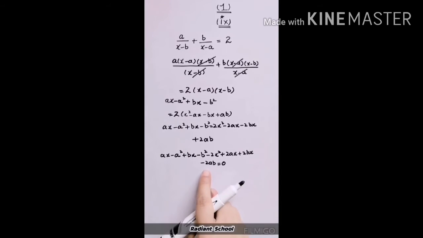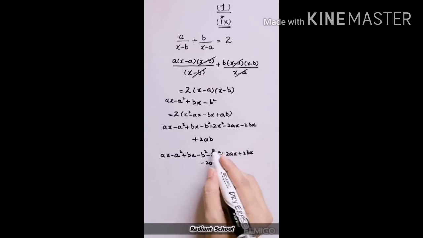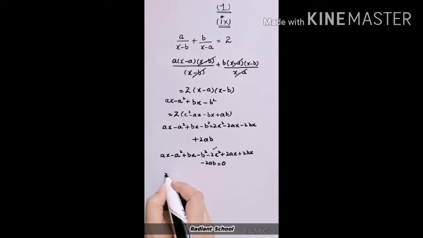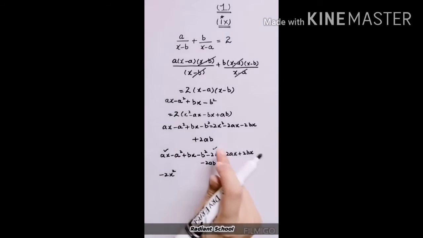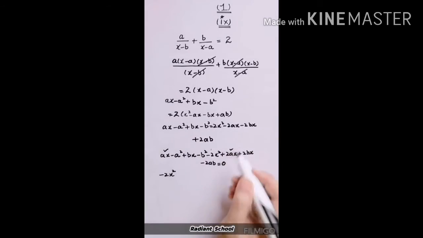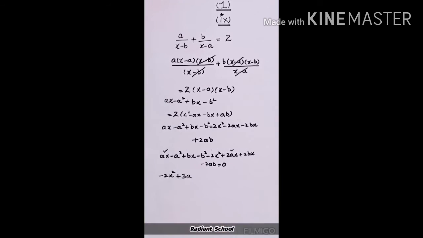Now I will arrange them. First of all, we will write x square term. Minus 2x square is the x square term only. Now we will write x term. Now ax term we can simplify. Ax and 2ax, it is okay.